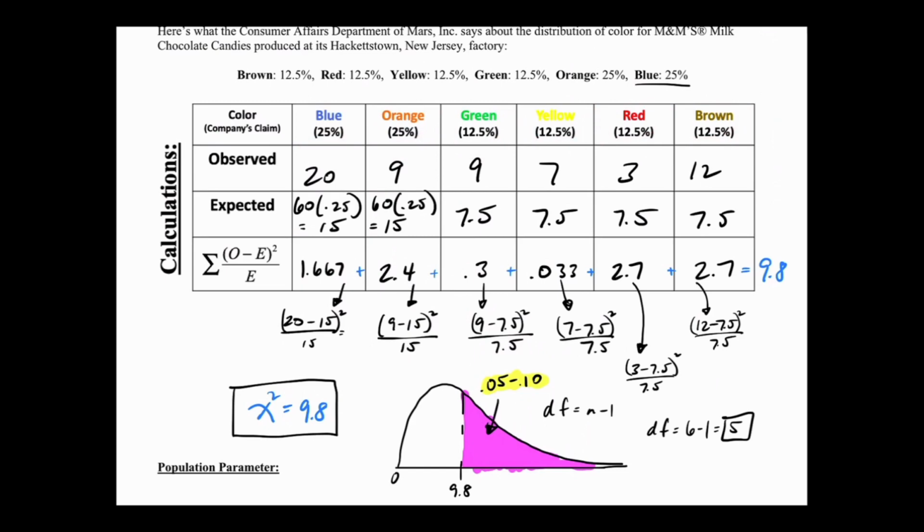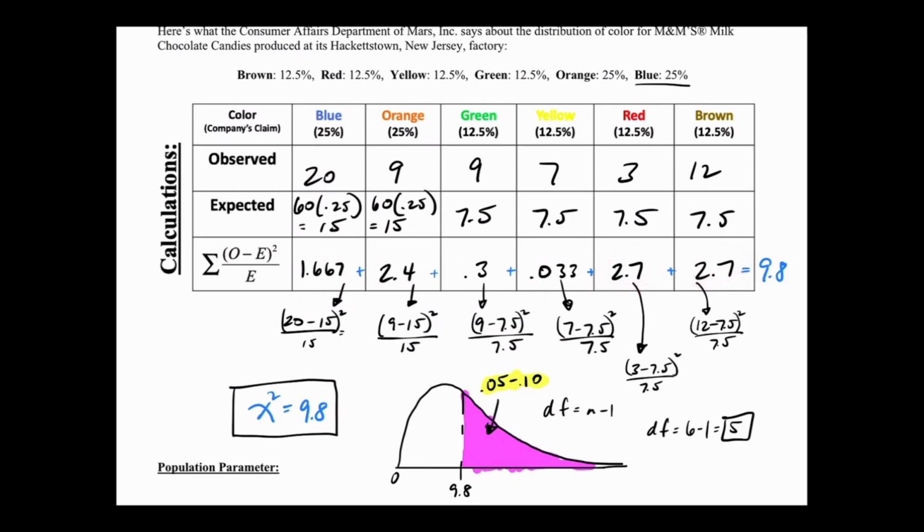Okay. One other thing, the last thing, the one more thing they might ask you is which category had the most influence on chi-square. So all of these numbers were added up, right, to make chi-square. So to have the biggest influence means the biggest chi-square. So in that case, it would be red and brown.